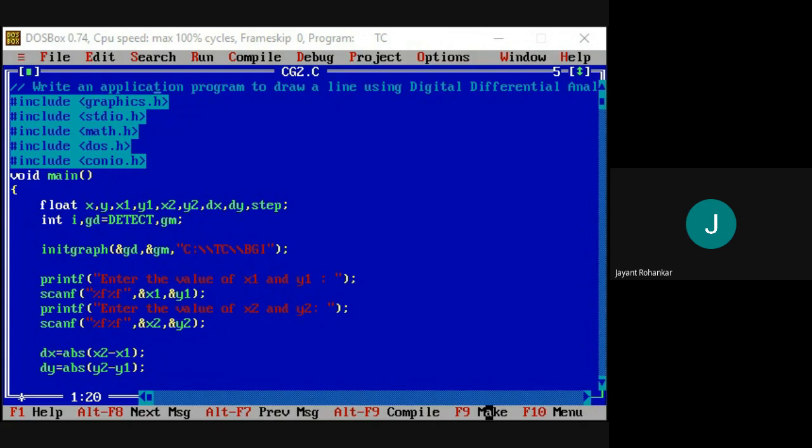Then we have to enter the value of p2, that is the second point. So now we have the values of p1 and p2, that is the two end coordinates of the line.